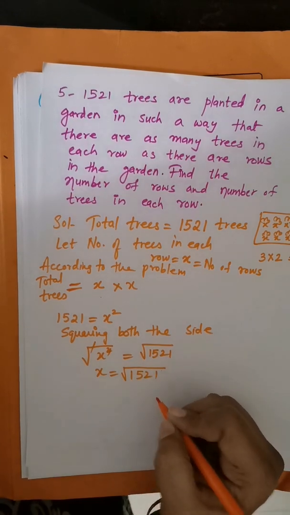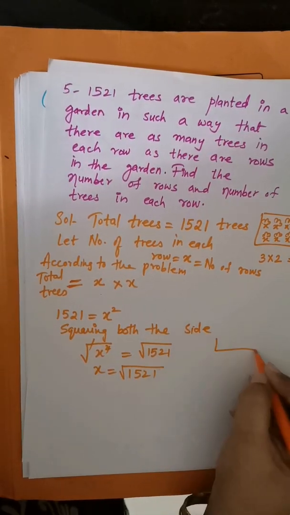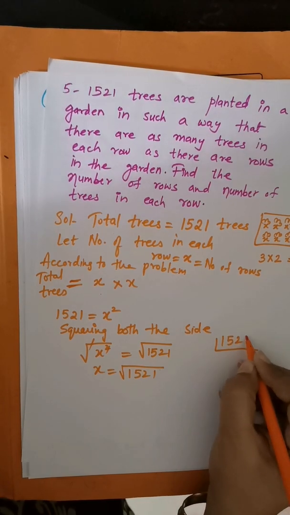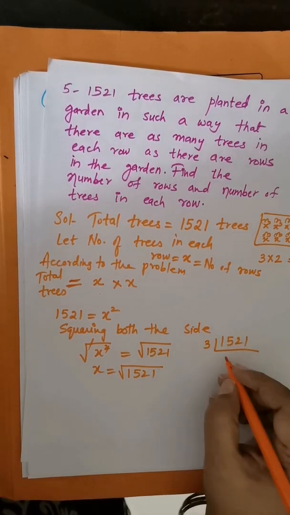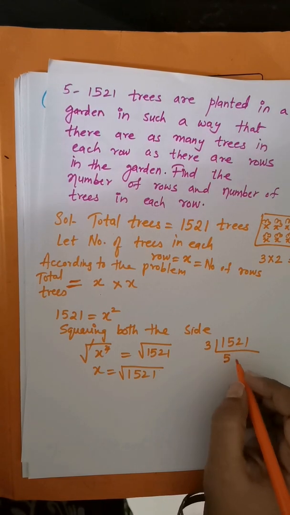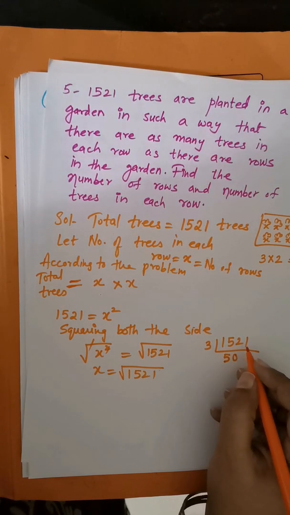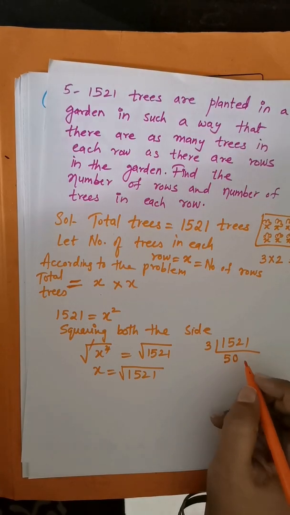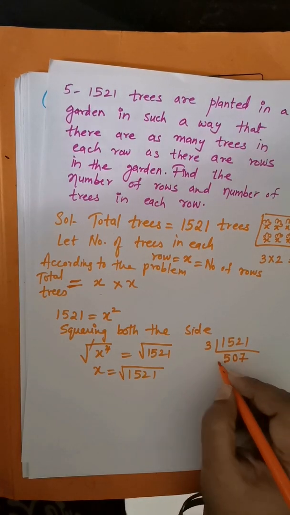We know how to find the square root of 1521. We will take the 3 table. 3 5s are 15. 2 is smaller, so we will take 0. Then 3 7s are 21.